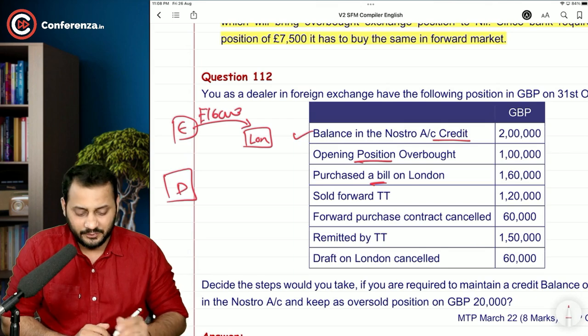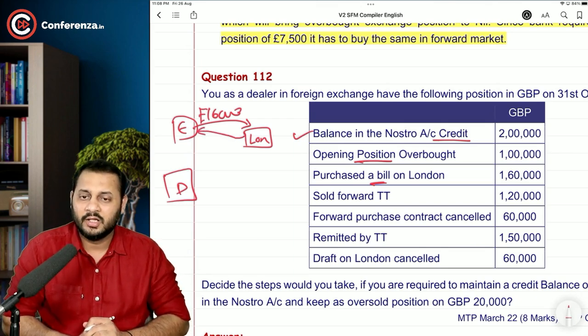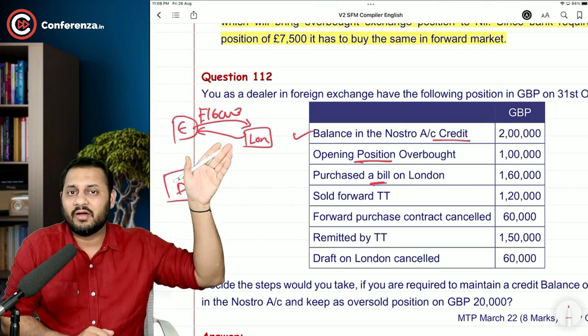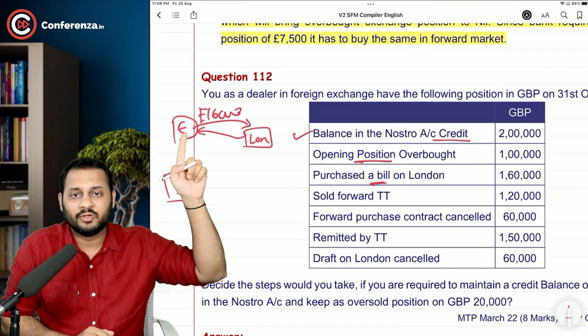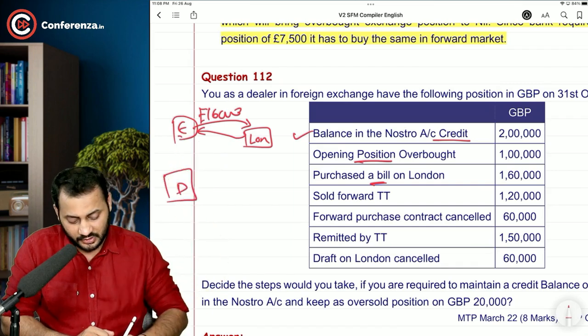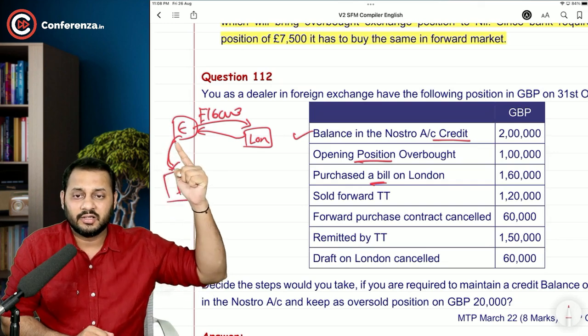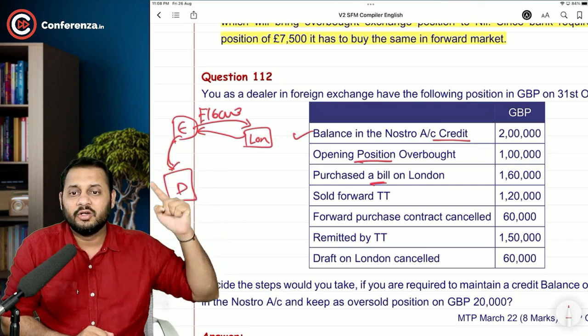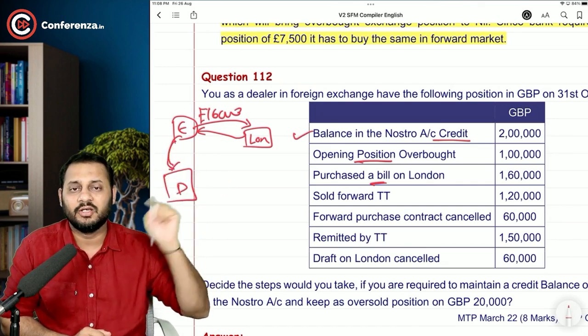Practically speaking, this party in London should pay the exporter. Now the party will pay after 60 or 90 days, after the credit period is over, but the exporter needs the money urgently. So the exporter comes with this bill to the bank and sells this bill. The exporter is selling this bill to the dealer and the dealer is buying it, purchased the bill on London.